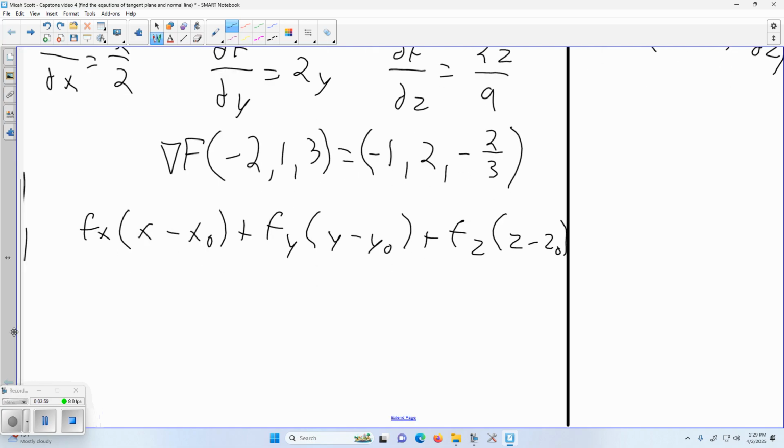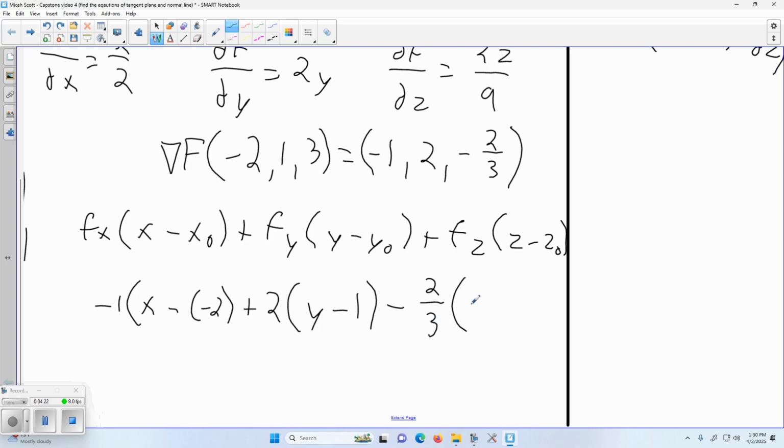We'll have -1 in parentheses (x minus -2), plus 2 in parentheses (y minus 1), minus 2/3 in parentheses (z minus 3) equals 0.